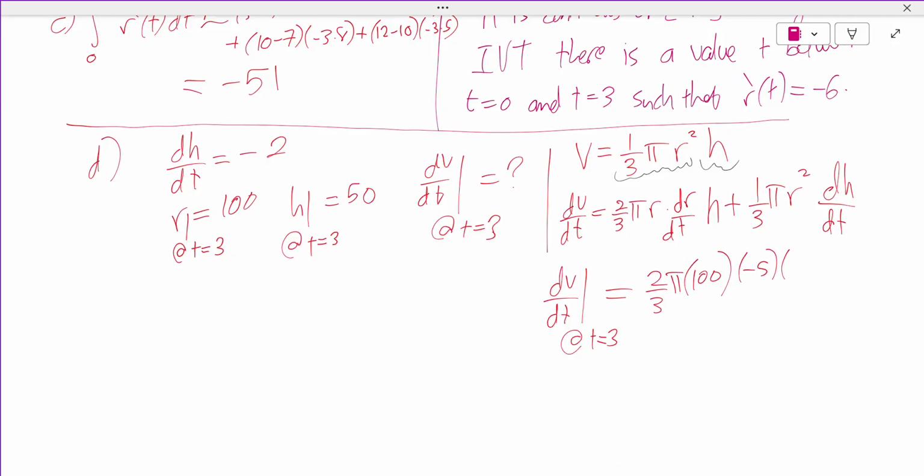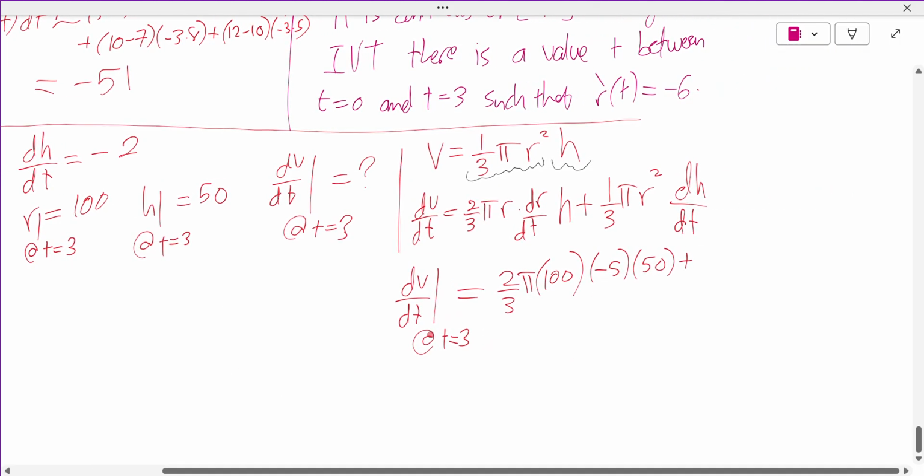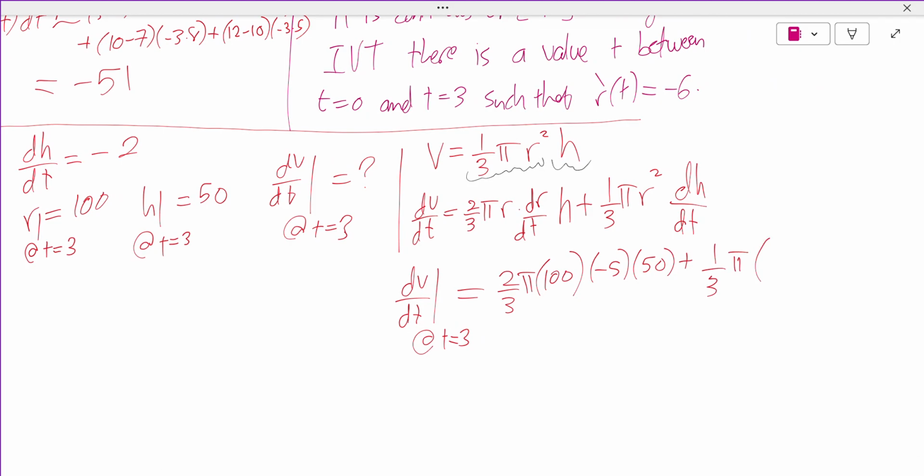The height is given, it's 50. Plus 1 over 3 times pi times r squared. The radius is 100 squared times minus 2. It's given. So this is all.